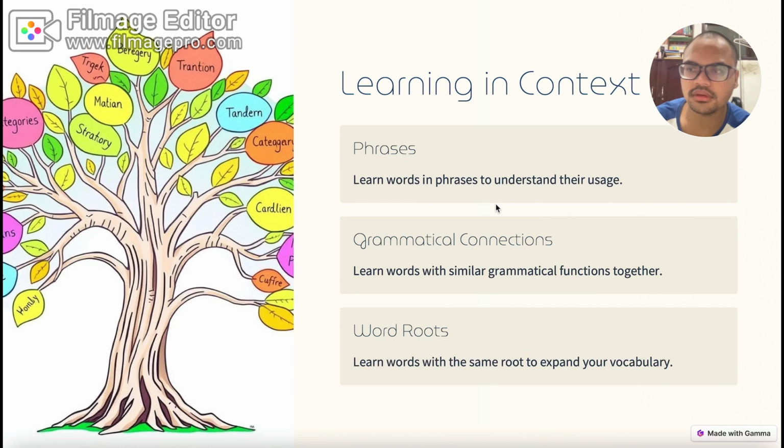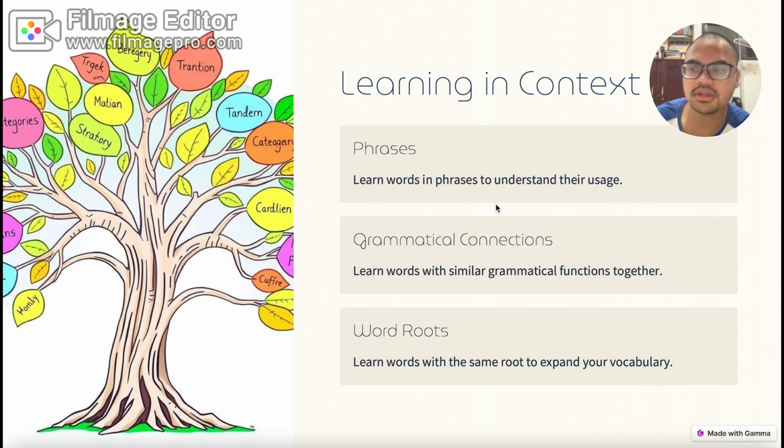Okay, so now let's talk about the tips and strategies to expand your English vocabulary. First off, learning context. Firstly, phrases. We should learn words in phrases to understand their usage, their possible association, and their possible synonym, aka similar meaning word.